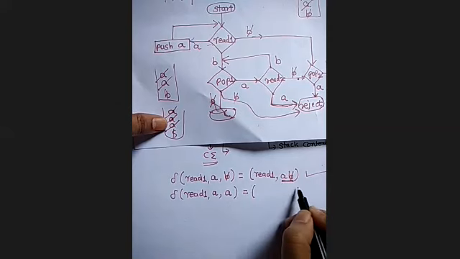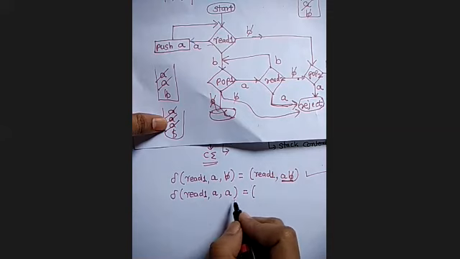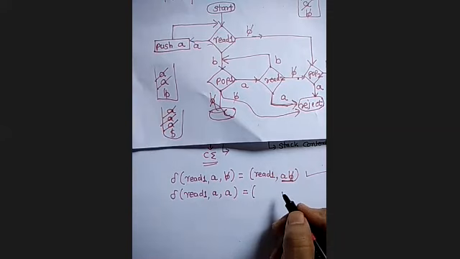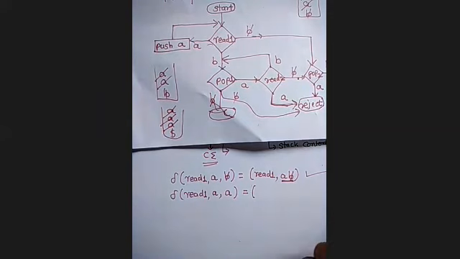Now what is my next state? And the stack contents. In read 1, A came again. So what is the next state? Don't tell me push, because again I'm telling you push and pop are stack operations.